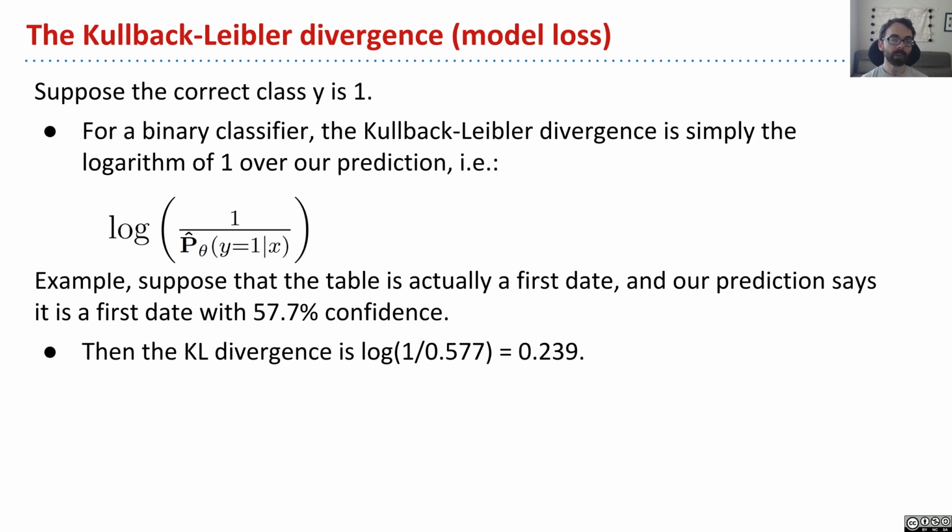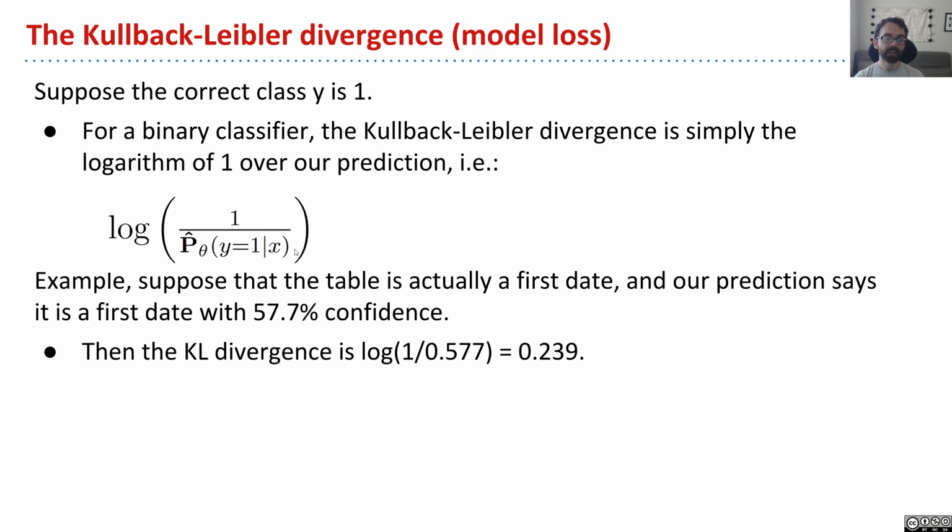I'm going to present this just slightly differently than it was done in lecture, and we'll come back to the way we did it in lecture in a bit. Let's suppose that the correct class for y is 1. So this table, it is a first state. For a binary classifier, the KL divergence is simply the log of 1 over our prediction value.